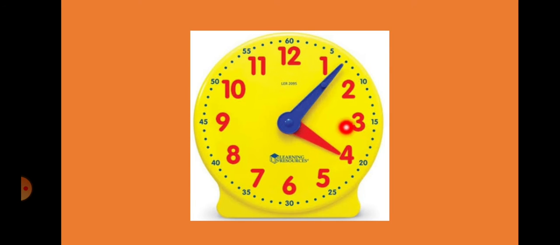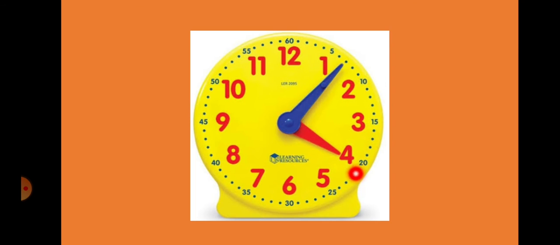Okay, this red color is inside numbers. So for the smaller hand, we have to see inside numbers. For the bigger hand, we have to see outside numbers. Okay, first you learn these outside numbers, because inside numbers are very easy. For every clock, inside numbers 1 to 12 will be there. For all the watches and clocks it will be there.